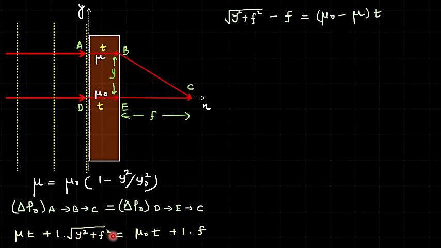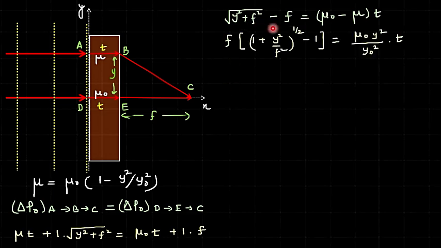So square root of y square plus f square minus f is equal to (mu naught minus mu) into T. Here from both of these take f common, so inside the bracket there would be 1 plus y square by f square, minus 1, and for that you can apply the binomial approximation. y is very small compared to f, so this would be 1 plus y square by 2f square, and minus 1 and minus 1 will get cancelled.